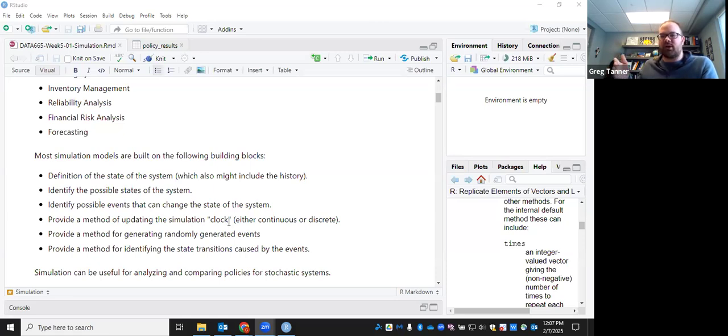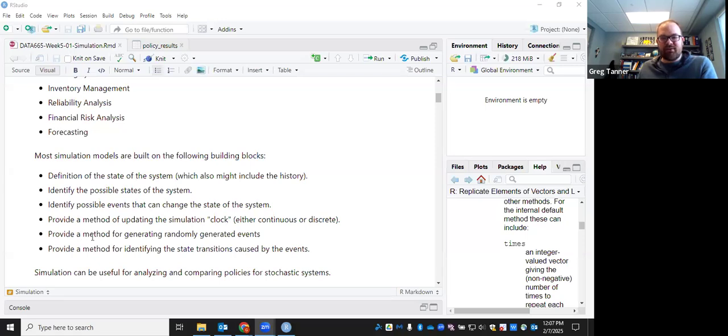Or it can be discrete, where essentially you simulate one day, and then the next day, and each day is separate, and that makes it nice and easy to move forward to the next unit of time.